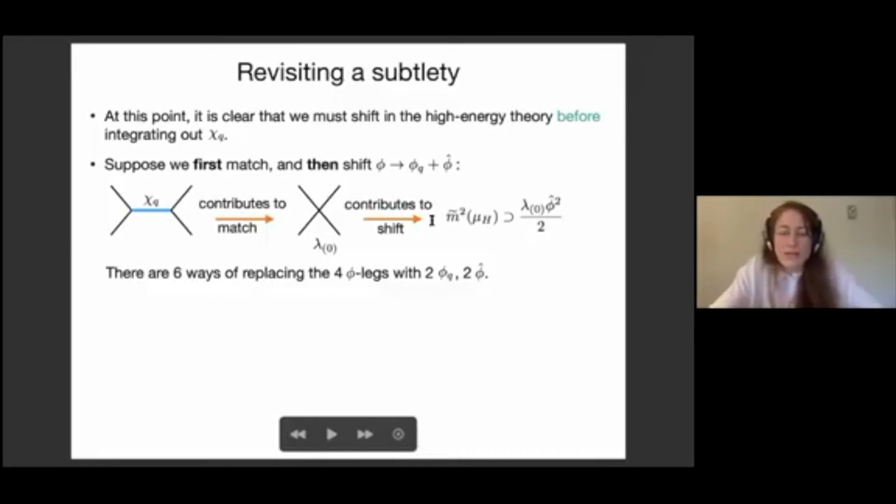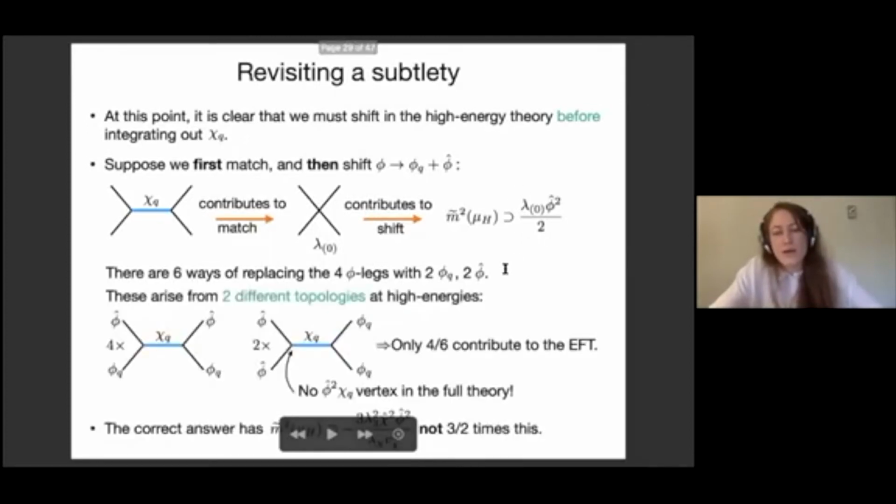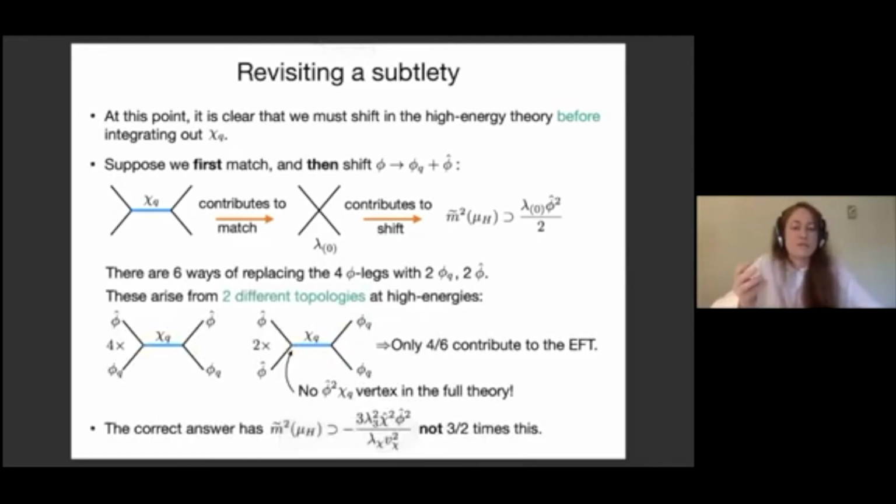And so that's what I wrote here. This would give some contribution to the quadratic term at the matching scale. And there are 6 ways of replacing these 4 legs with the 2 phi quantum and 2 phi hat. So that tells me something about what this coefficient is in lambda 0. But the point is that these 6 ways arise from 2 different topologies at high energies, but before the matching.